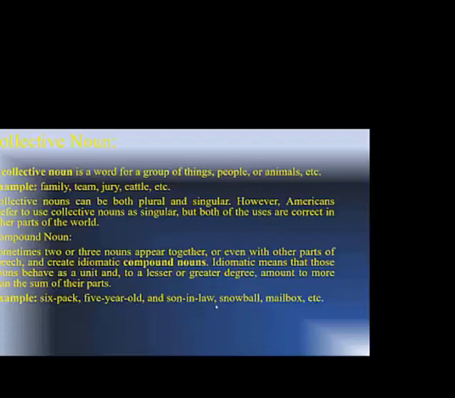And son-in-law means the husband of the daughter of the family. Snowball, mailbox, and so on. So they are considered as one word, one noun.